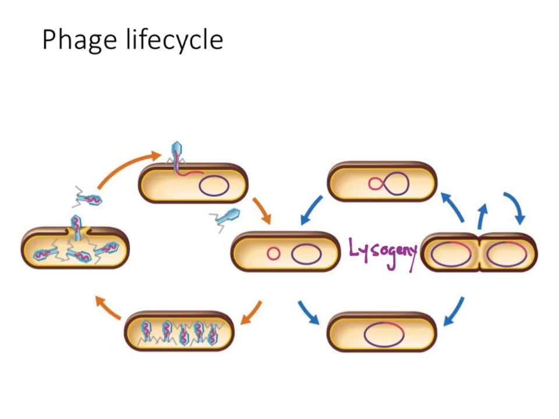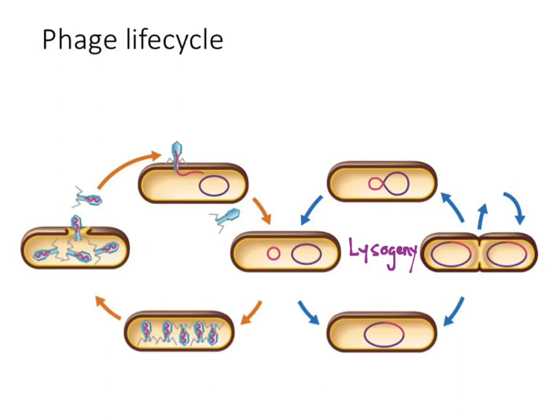That stress is usually associated with some sort of DNA damage to the host. So that DNA damage serves as a signal that this host is about to die, we better replicate and get out of here as soon as possible. That's kind of the design of this mechanism.